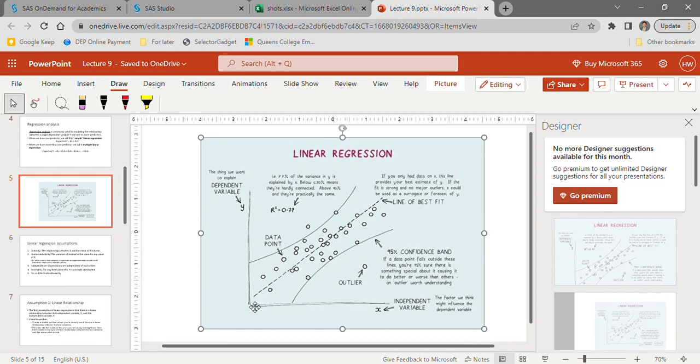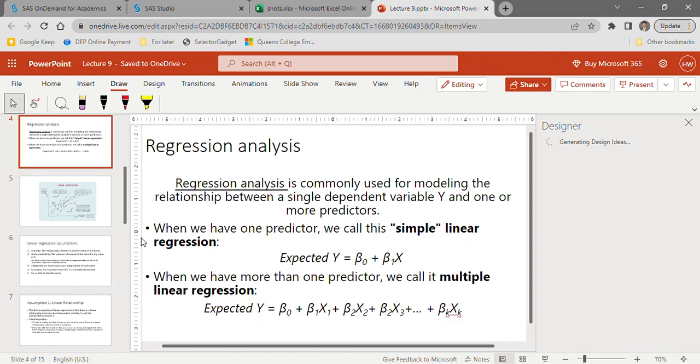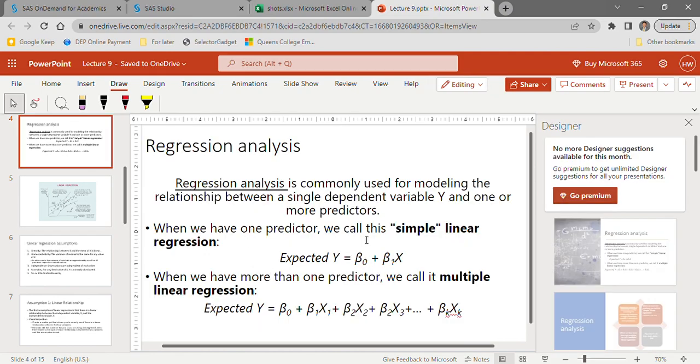What I'm saying here, most important takeaway, is we need this linear relationship, right? So let's come back now. Hopefully that explains simple linear regression a little bit more. When we have more than one predictor, we call it multiple linear regression. And we can have as many predictor variables as we want.